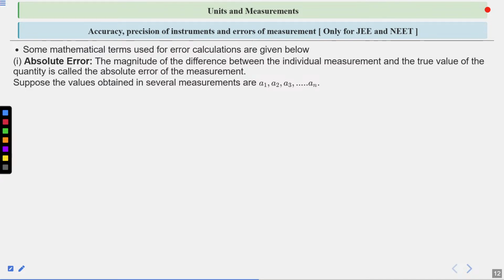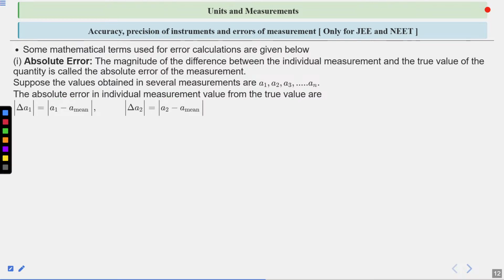Suppose the values obtained in several measurements are A1, A2, A3 and AN. So there are several values. The absolute errors in individual measurements from the true value are: mode of delta A1 is equal to mode of A1 minus A mean, and mode of delta A2 is equal to mode of A2 minus A mean.